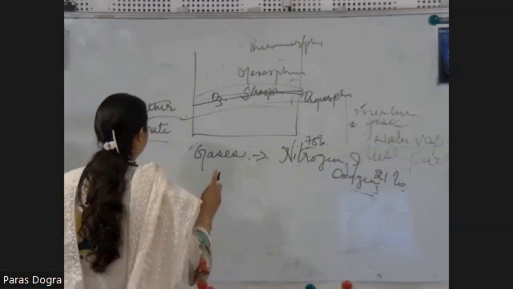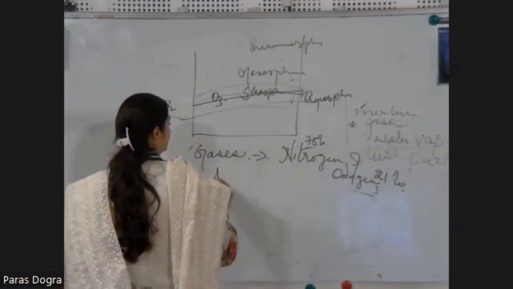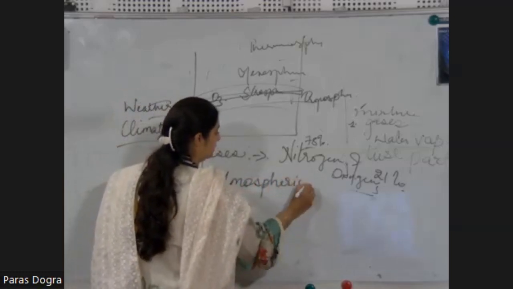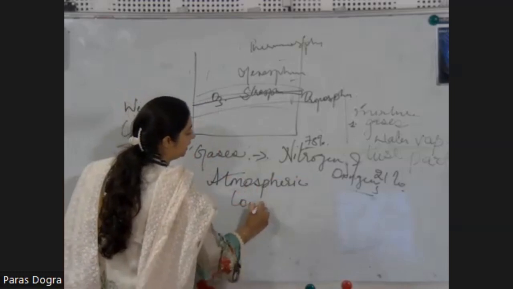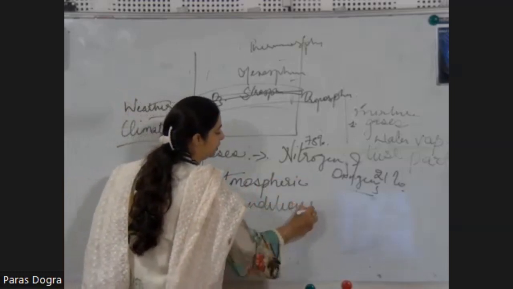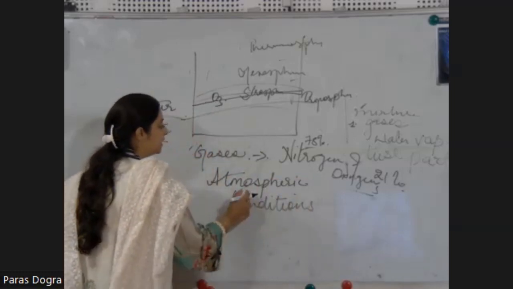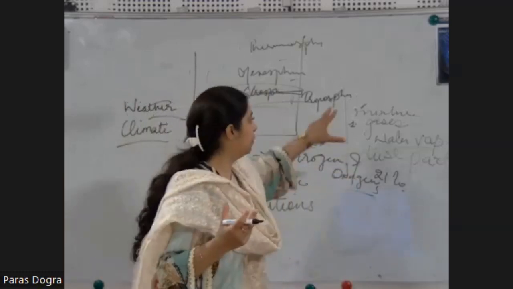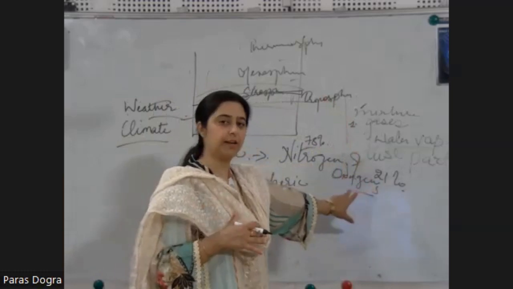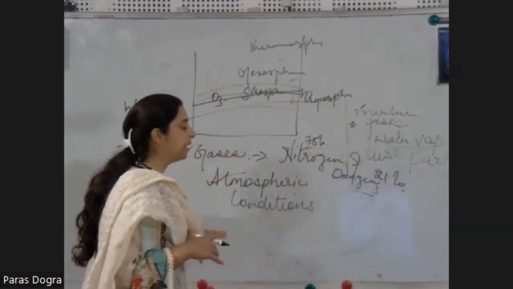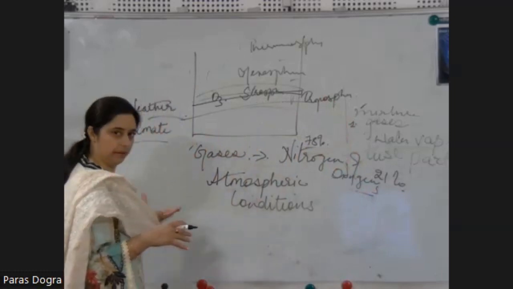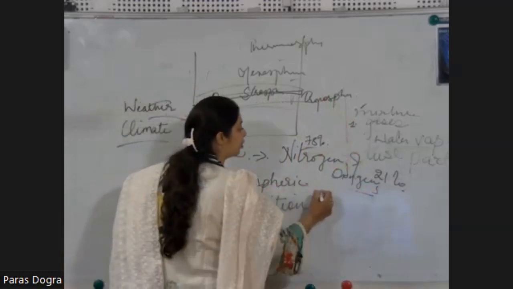So weather is the atmospheric conditions. When I use this word, what does it mean? Atmospheric conditions means, again, the components of the atmosphere which we have discussed. So the atmospheric conditions of a particular place are called weather, and for a short time.